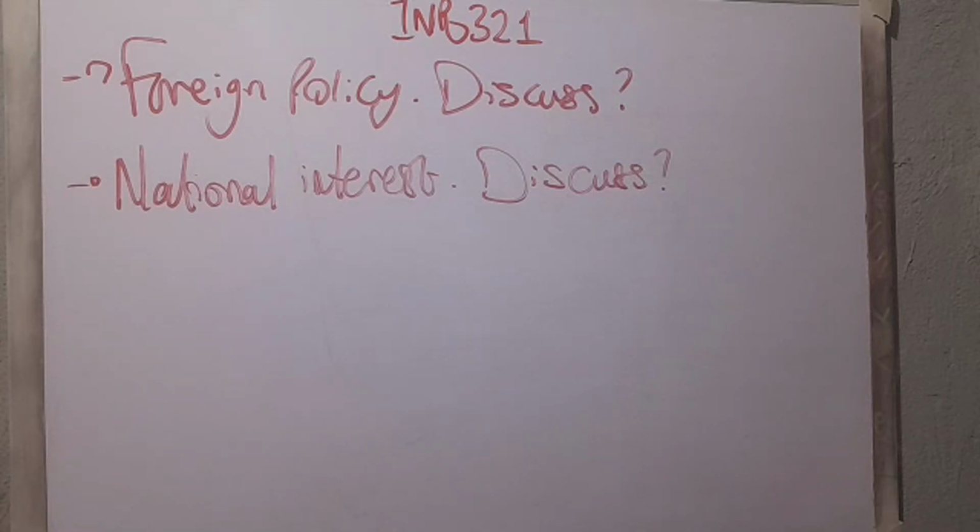Now, these goals and ambitions are politically related, economically related, and are related to security issues as well. The government seeks to achieve the well-being and survival of its nation by pursuing these interests.